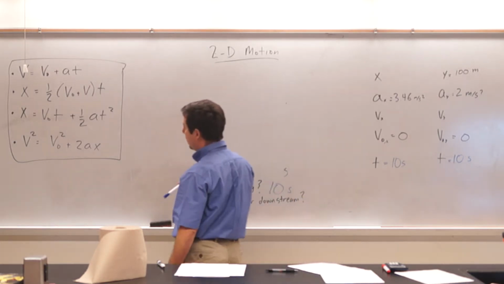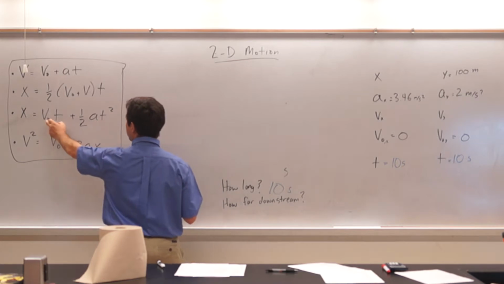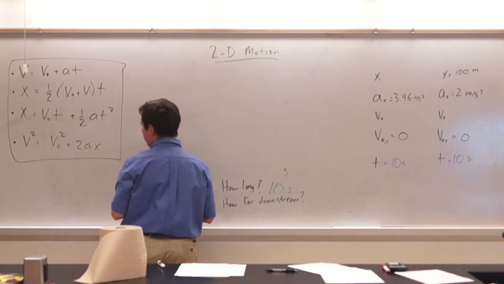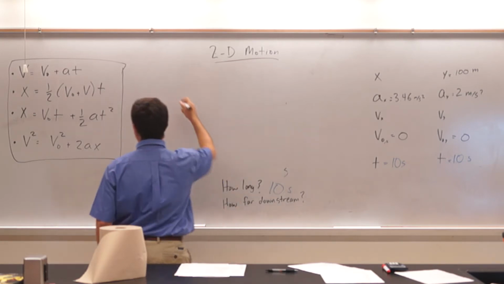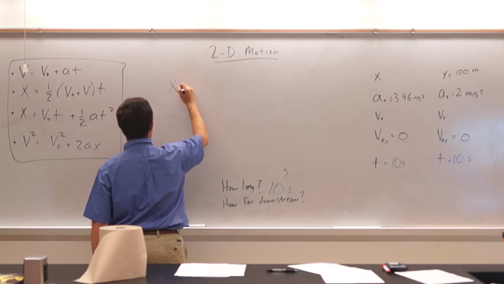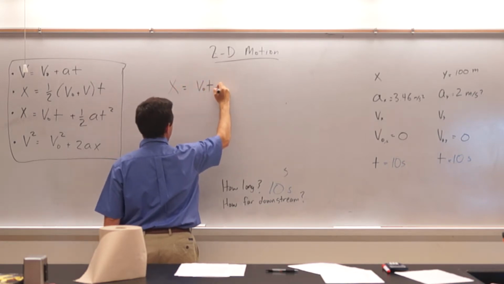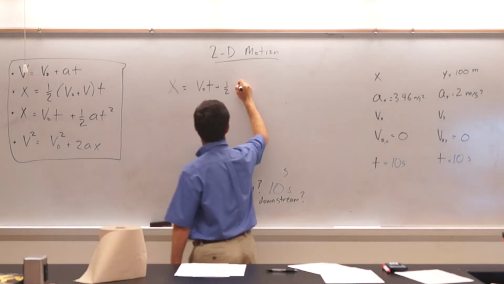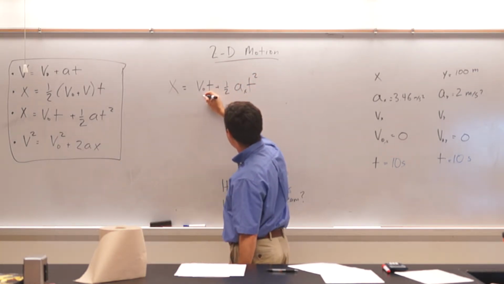We don't have final velocity. So we can end up using the same exact equation, right? Let's get the black pen. This time we're working in the x direction. X equals v naught t plus 1/2 a t squared. And those are both in the x direction.